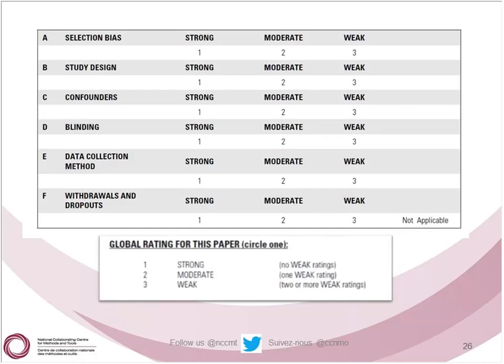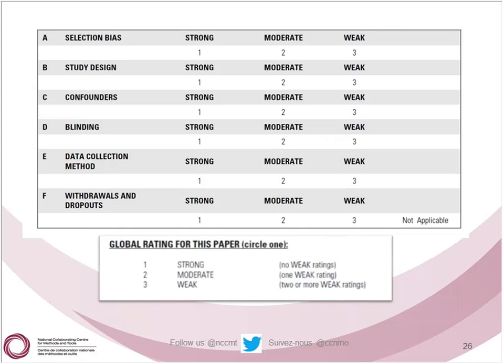This is what tells us a strong rating would have none of the weak ratings across selection bias, design, confounders, blinding, data collection, and withdrawals. A moderate could have one weak rating, and a weak would be anything that has two or more weak ratings.